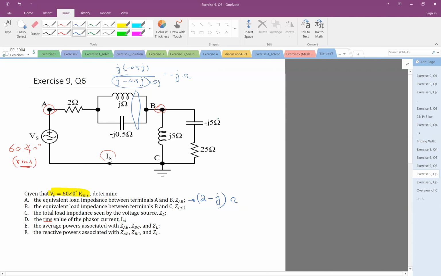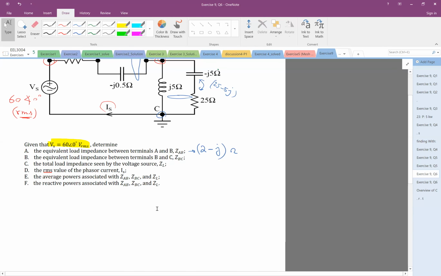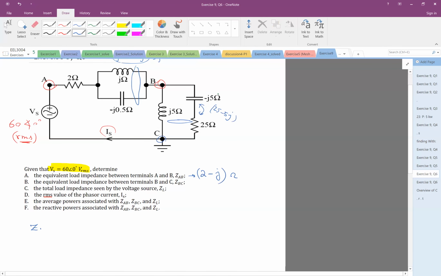Okay. Now, next, we want to find the load between B and C. These two are in series, so this part would be 25 minus 5J. And then they're in parallel with this. So BC is the parallel of 5J times that part, 25 minus 5J, divided by the summation 5J plus 25 minus 5J.